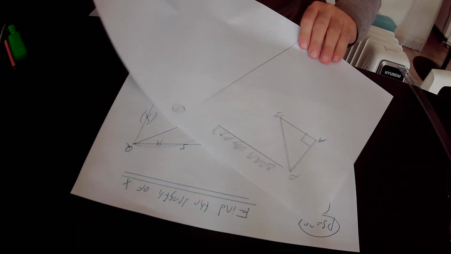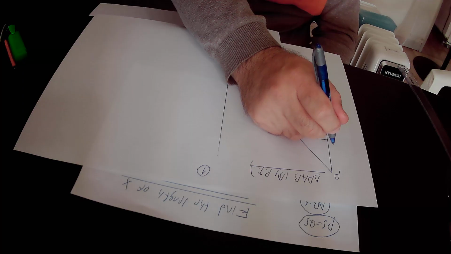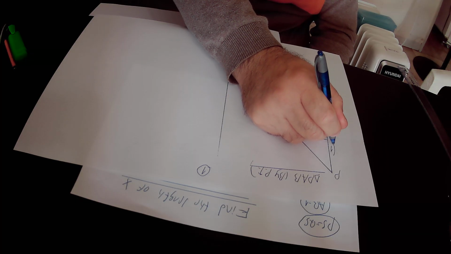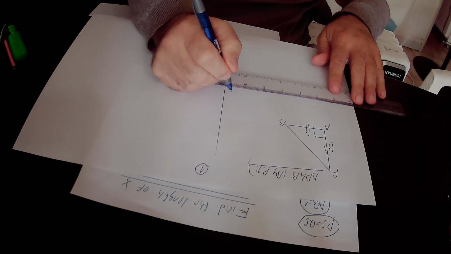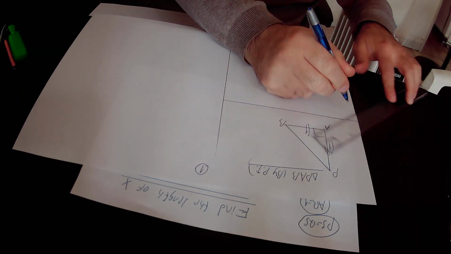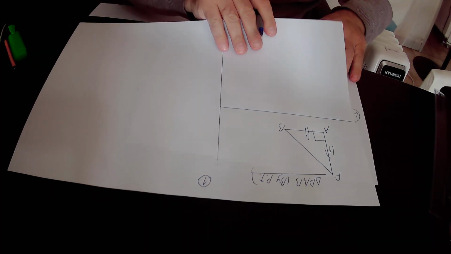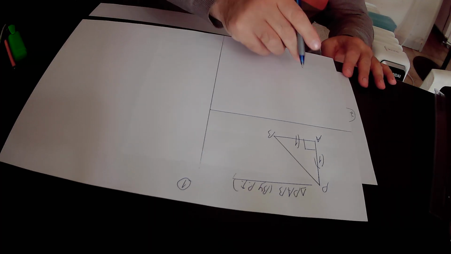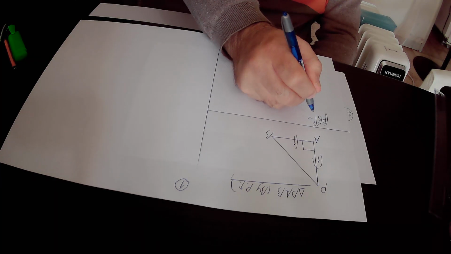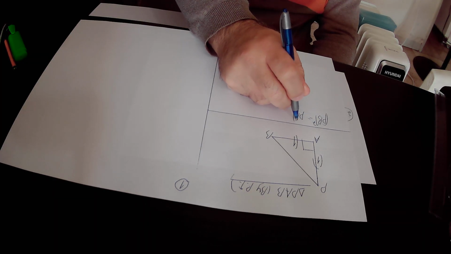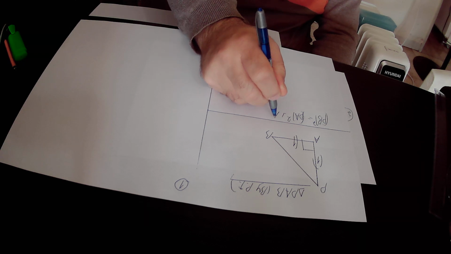Side PA equals side AB, they are both equal to 1 unit, they are the radii of the quarter circle. So in this right triangle PAB, according to the Pythagoras theorem, PB square, that is the square of the hypotenuse, equals PA square plus AB square.